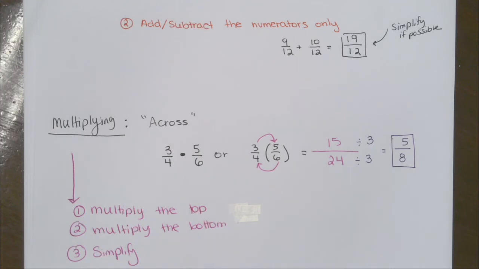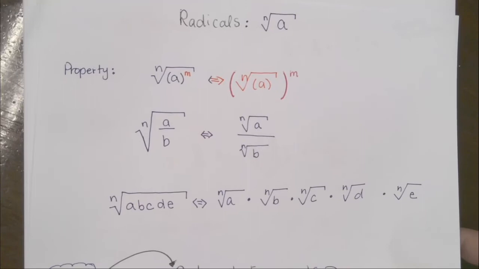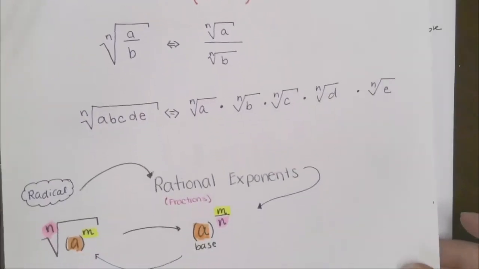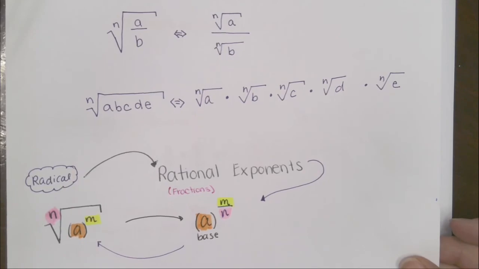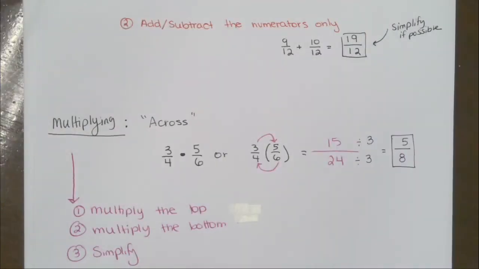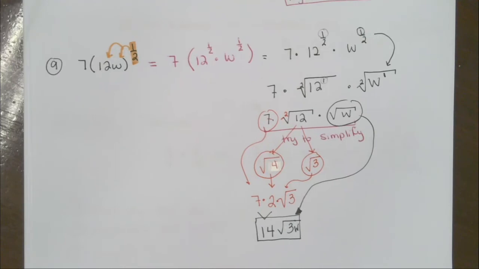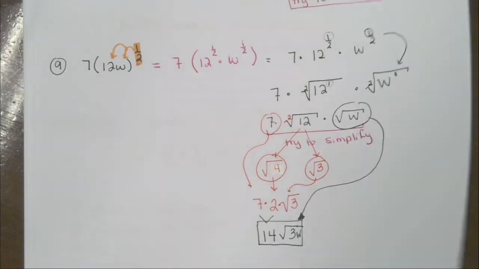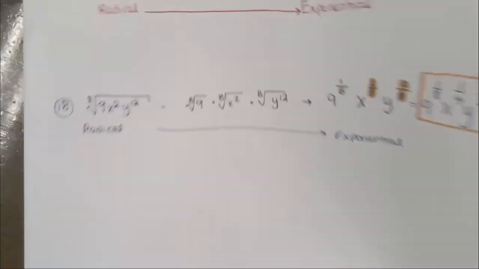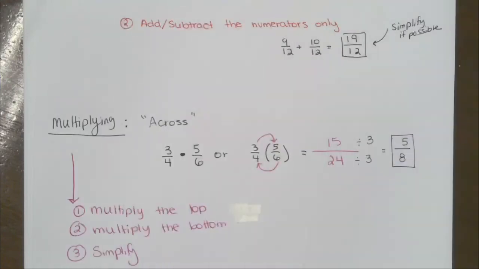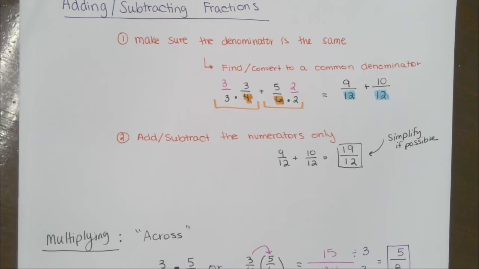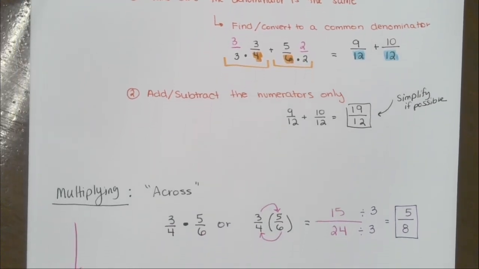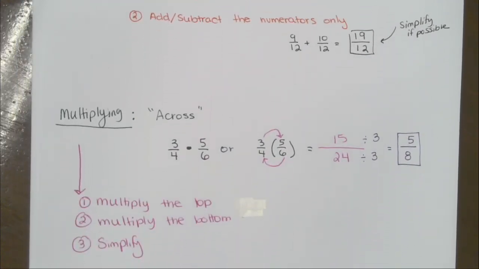Then we said, hey, these are radicals, and we can convert radicals into rational exponents, and then rational exponents into radicals. Here are our examples of converting. Here's more examples of converting. And then at the end, I threw in fractions. And guess what? We're still not done. I still have more. The last thing, I promise.